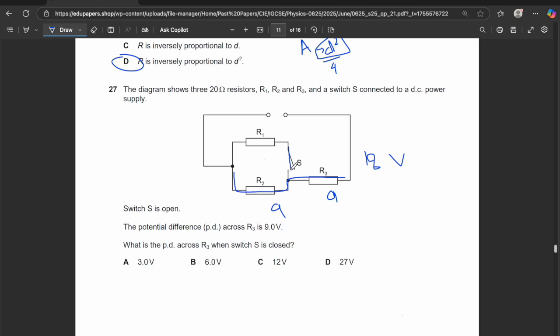And when the switch is closed, now this whole thing is in parallel connection, it will have 10 ohms of resistance, right?